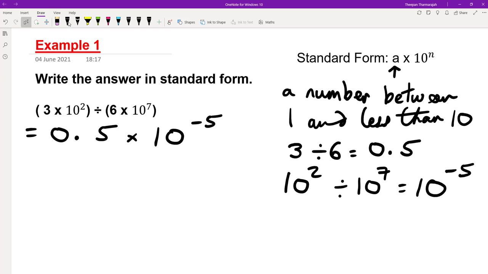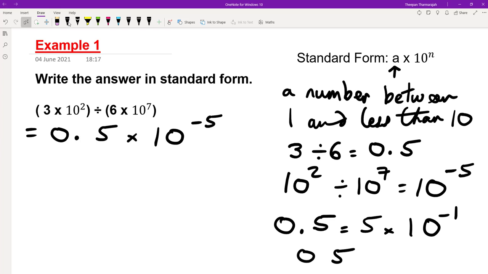Don't forget, this is deceiving. This is not the answer. We need to convert 0.5 into standard form. So we get 5 times 10 to the power of minus 1. And as I said before, in the previous example, we put a decimal point here at 5 and we're going one space backwards. That's why we get 5 times 10 to the power of minus 1.